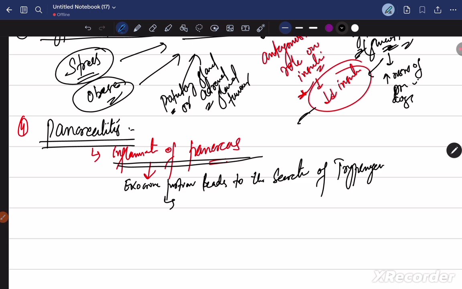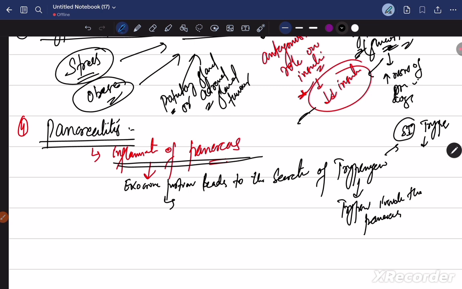Normally this trypsinogen goes to the small intestines, and there it is converted into trypsin, and then it helps in the digestion of food. But here in pancreatitis, this trypsinogen, the precursor of trypsin, is converted inside the pancreas.